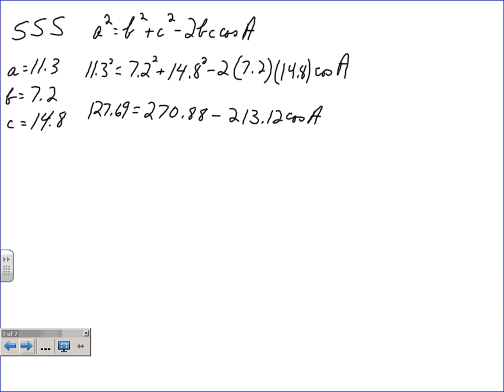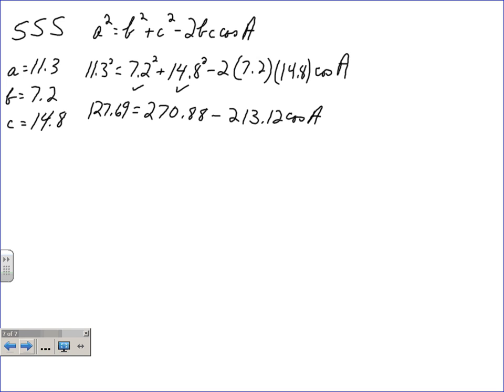Now, I took the square root of 7.2, which is like 50 point something, plus the square root of 14.8, which is about 220, and added those two together to get 270.88.